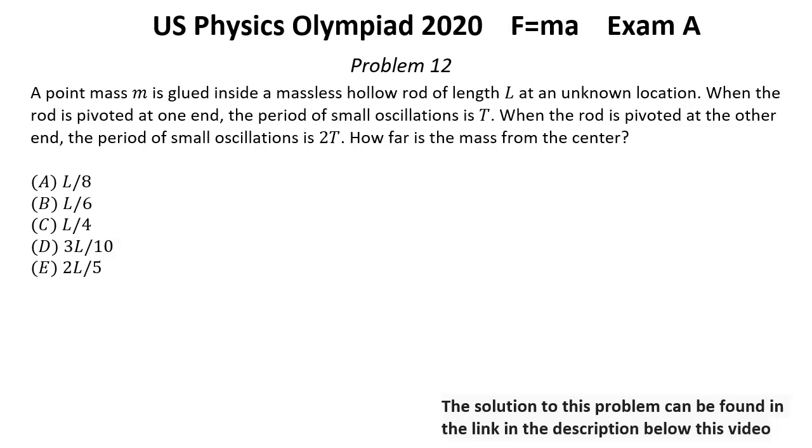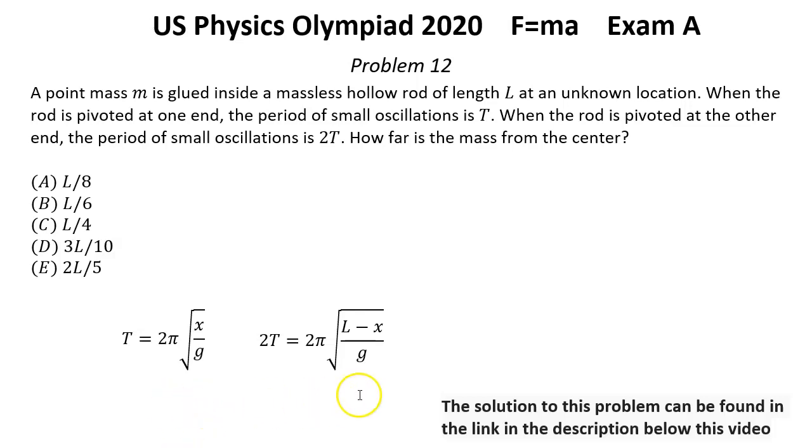Suppose that the distance from one end is x. So it means that the period for this location is 2 pi multiplied by square root of x over g. If we pivot it at the other end, we have 2t equal to 2 pi multiplied by square root of L minus x over g.